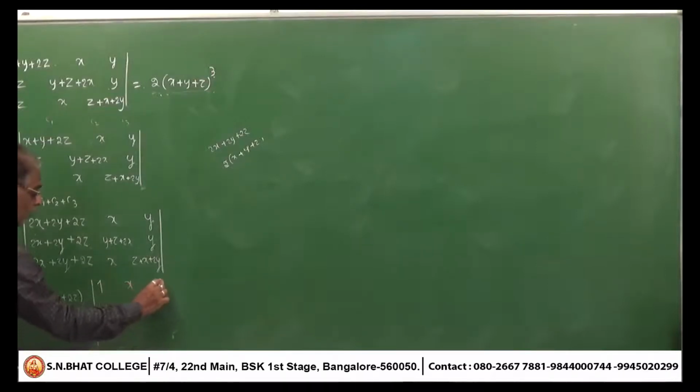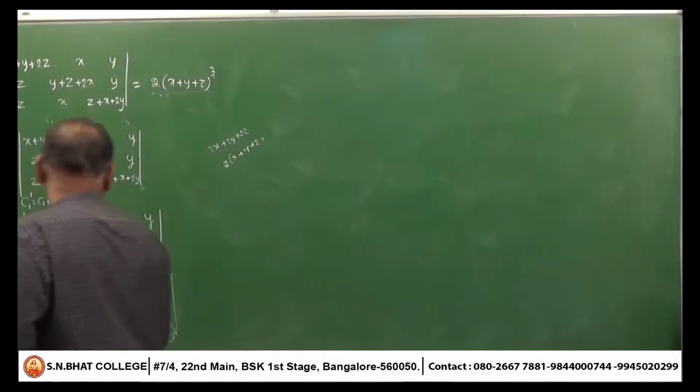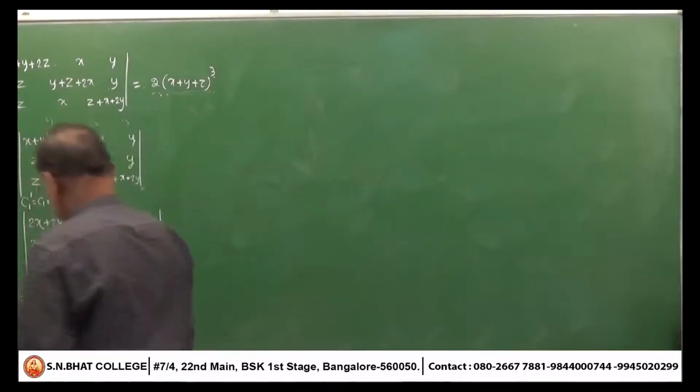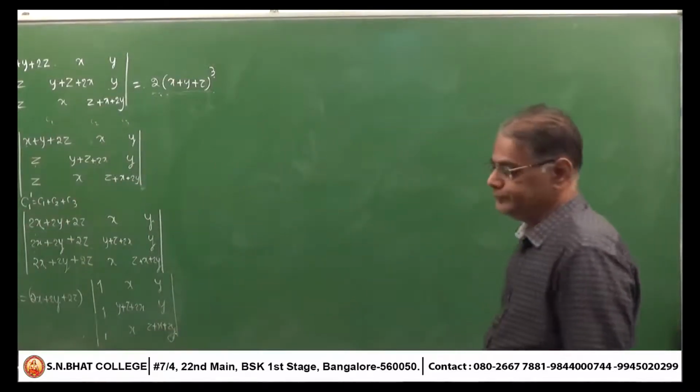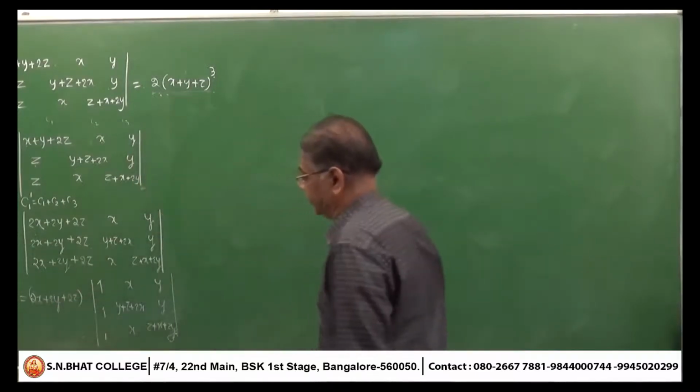Next is x, y; next is y plus z plus 2x, y; x, z plus x plus 2y. I have taken 2x plus 2y plus 2z as common factor, leaving 1, 1, 1, and the other two columns are the same. In the common factor, I can take 2 as a common factor, and get 2 into (x plus y plus z).